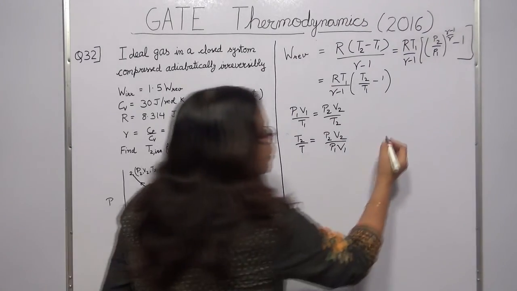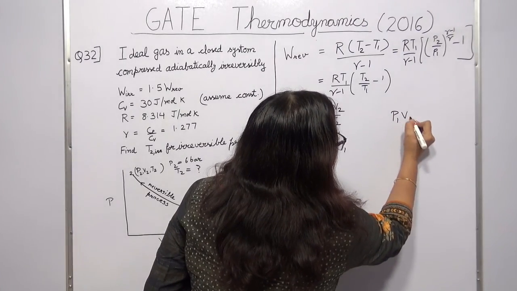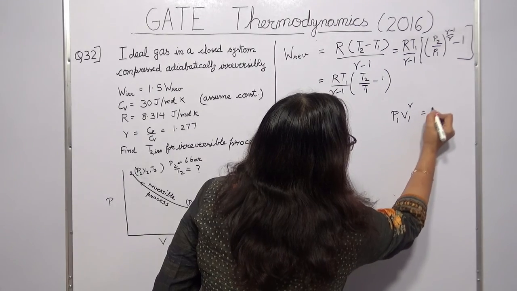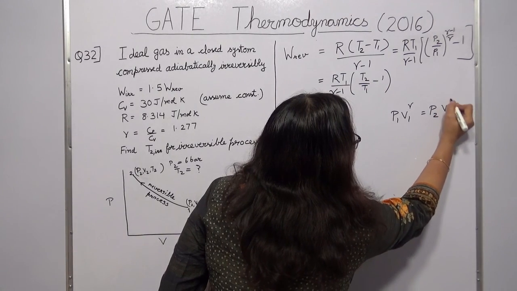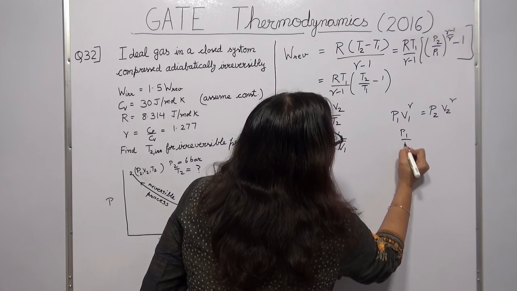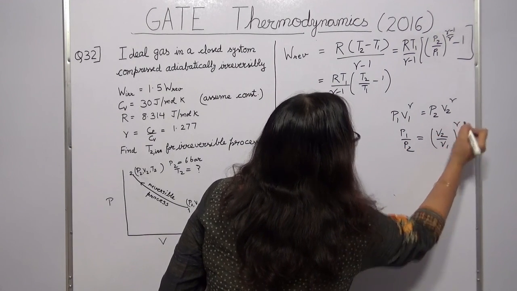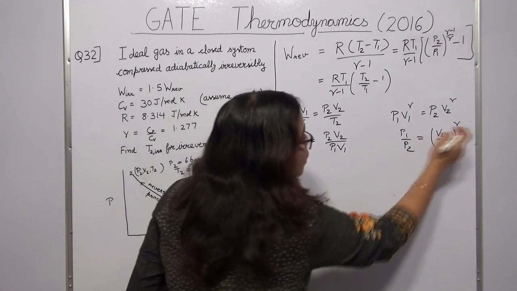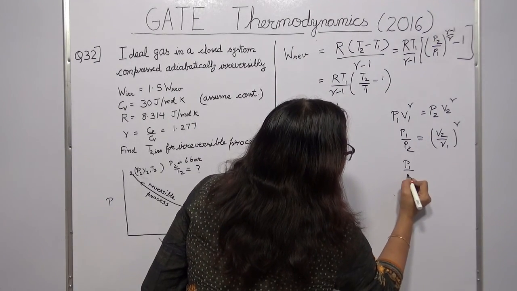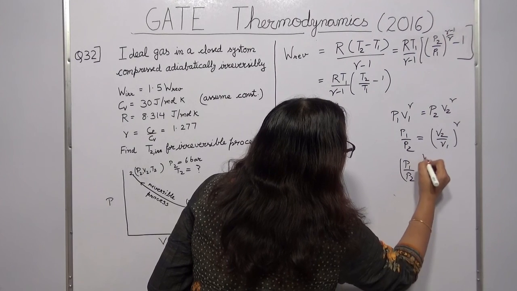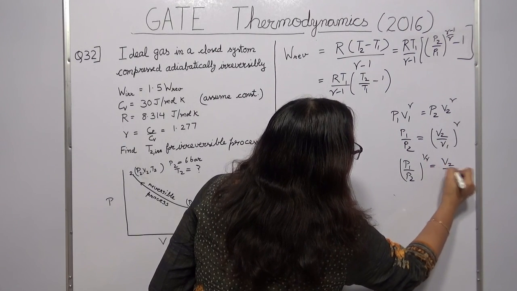Using the equation for an adiabatic process, P1 V1 raised to gamma is equal to P2 V2 raised to gamma, or I can write P1 by P2 is equal to (V2 by V1) raised to gamma. Now if I take gamma this side, I get (P1 by P2) raised to 1 upon gamma is equal to V2 by V1.